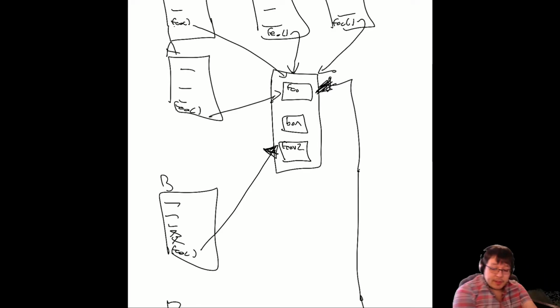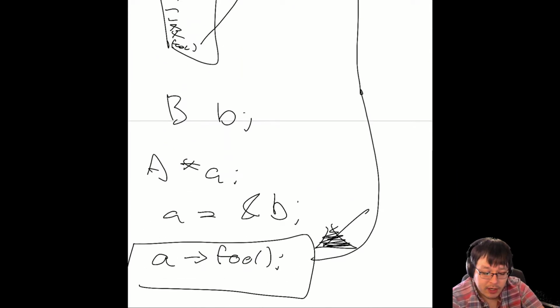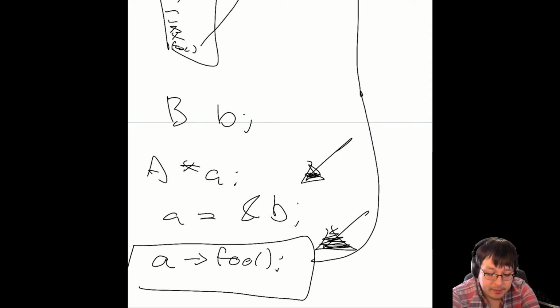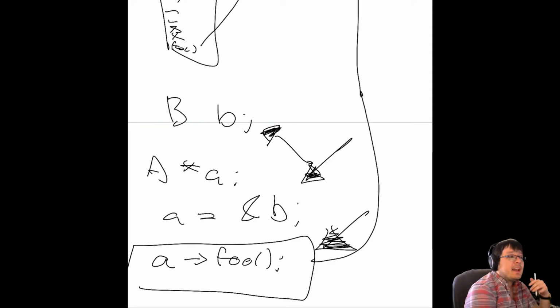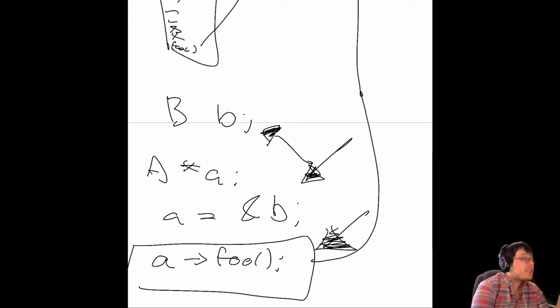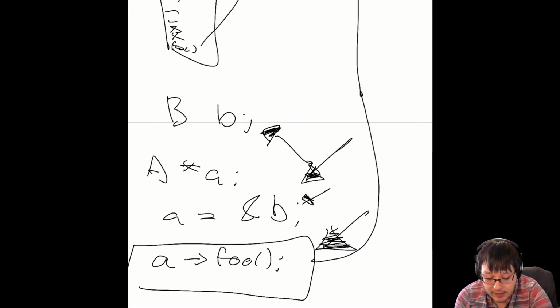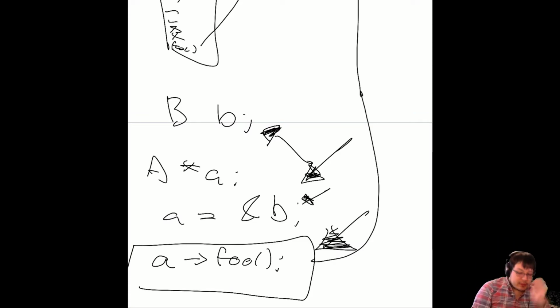Because it doesn't know. I mean, you might be thinking, well, why doesn't it know? Here I'm doing ampersand B, and I know that B is a B. Yeah, no, the compiler can't see that. It's not smart enough to see that, because it doesn't really know what's happening in memory. All it sees is that you have an address and a pointer variable, and it's going to copy that address.